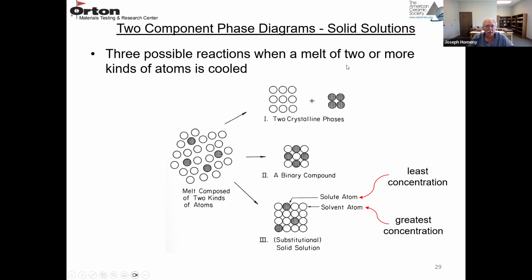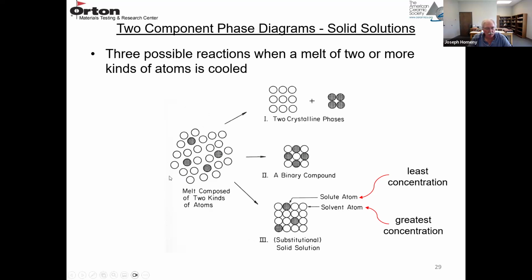So solid solutions are pretty common in refractory materials. There are three possible reactions when a melt of multiple components is cooled. These are just showing two, but there could be two or more kinds of atoms. There are two atom types here, an open circle and a crosshatch darker circle.